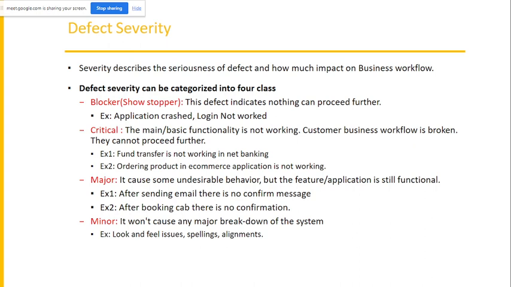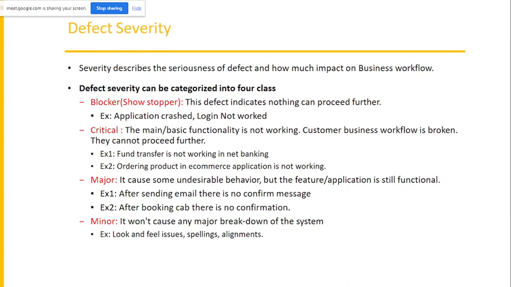Minor. Read that example. Look and feel issues, spellings, alignments. So, graphical user interface defects. Correct? Is this kind of defect going to majorly affect the application? No. Spelling mistakes, alignment.